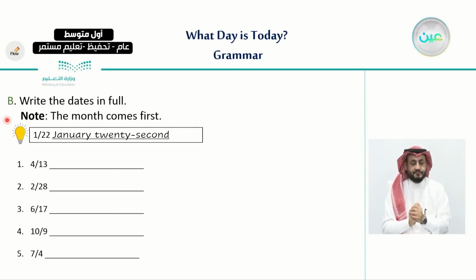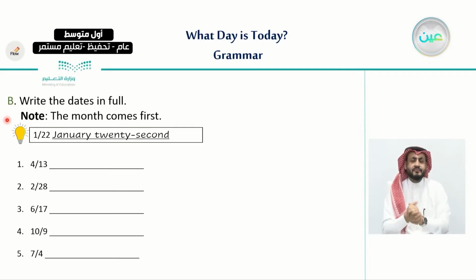So for example, here we have number 1 and 22. Number 1 here means the month, which is January, and 22 is the day. So January 22nd. So let's try to answer the rest. Number 1, 4 and 13. What does it mean?